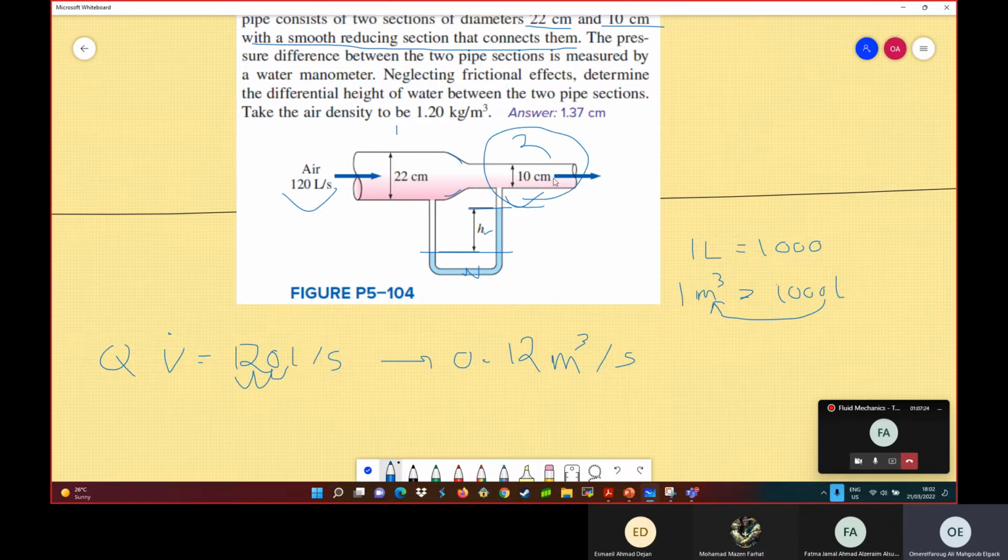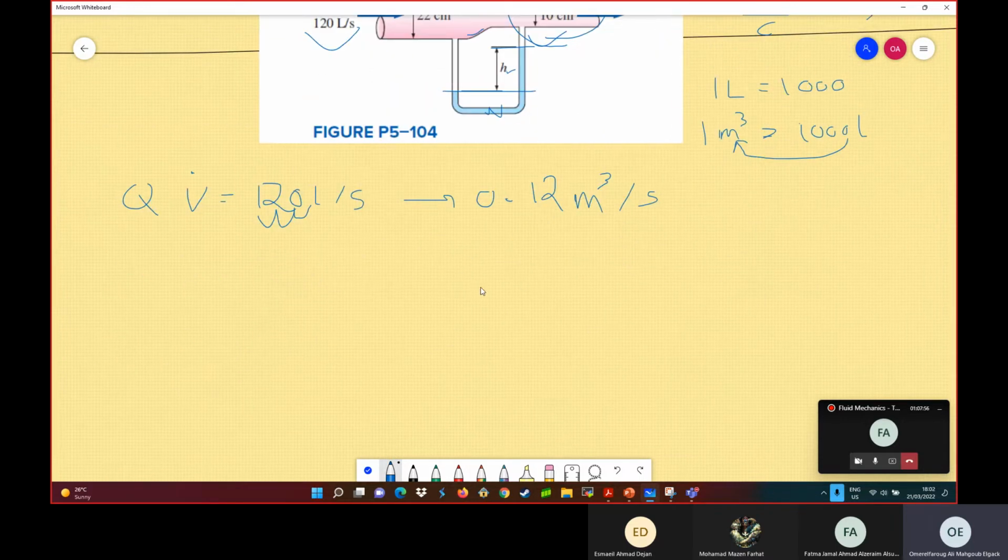If the higher velocity meets the condition, then of course the lower one will also meet it, because the Mach number should be less than 0.3. If the greatest velocity divided by the velocity of sound meets this condition, then of course the lower velocity at the other section will also be less than 0.3. So we'll just take the section associated with the higher velocity.